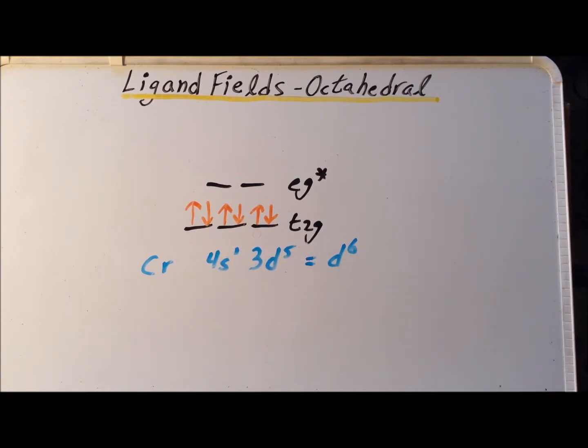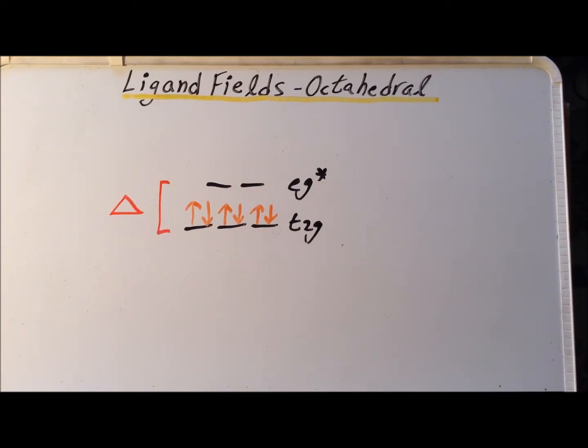But it's such a useful trick that as a shorthand, we will refer to it as a d6 metal. To show it as a d6 metal, recall that all these electrons will fill up after we filled up the ligand orbitals, we have these non-bonding orbitals, and since we have exactly 6 valence electrons available, we can apply the Aufbau principle and fill up the T2g set completely. So this is a typical example of the kind of shorthand diagram that we draw for octahedral transition metal complexes.